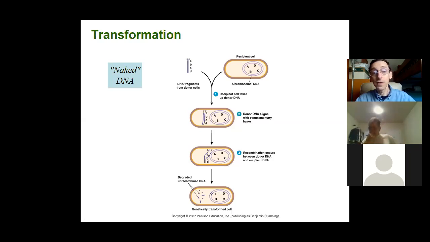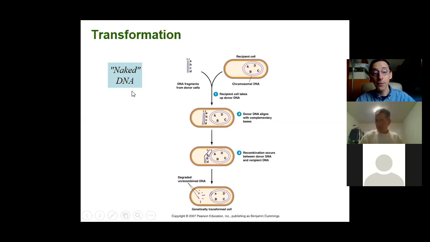With conjugation, it also happens about 10 times more frequently, in gram-negative cells at least, than in spontaneous mutation, or 1 in 10 to the 5th cells. And the same thing with transduction. It happens 10 times more frequently than mutation.